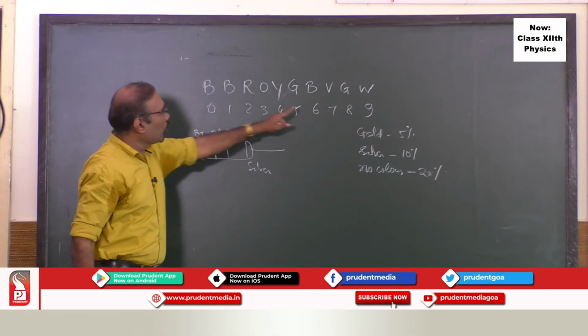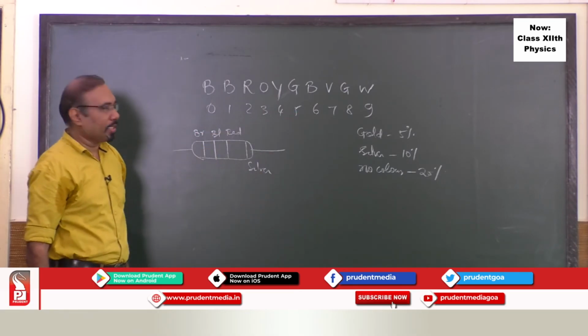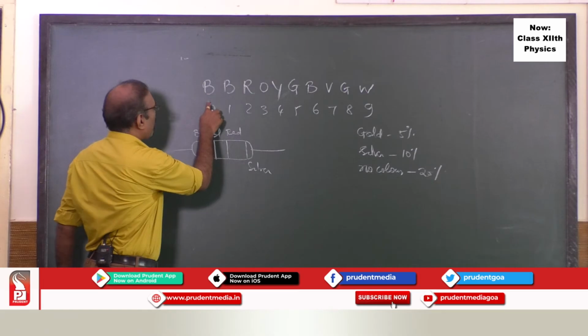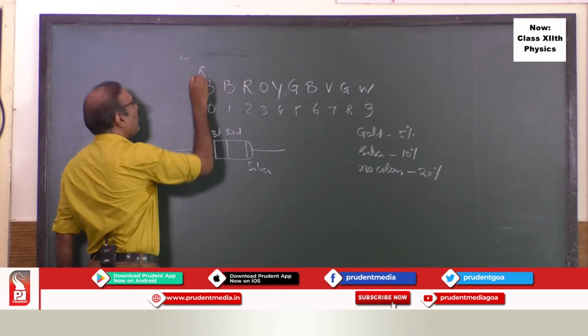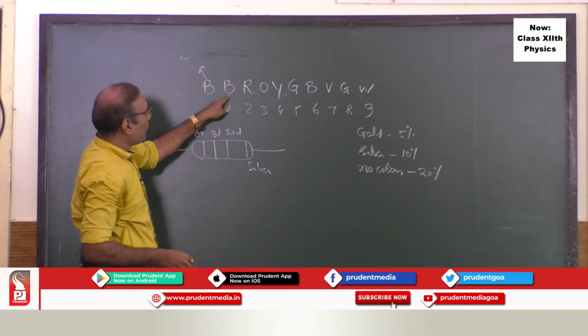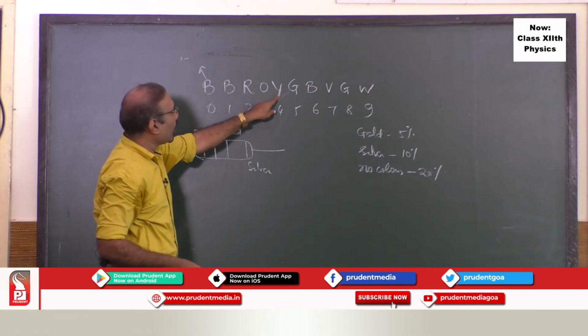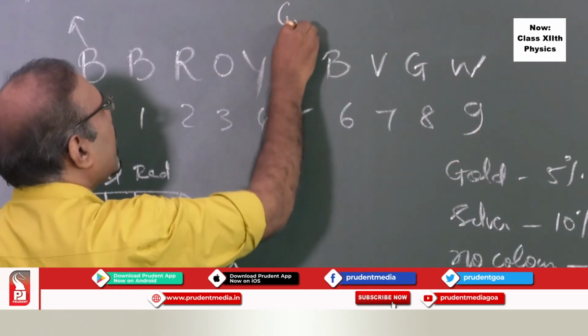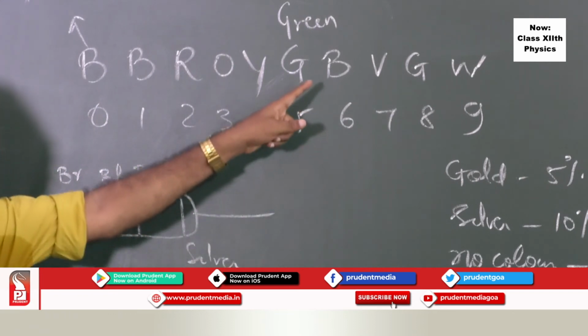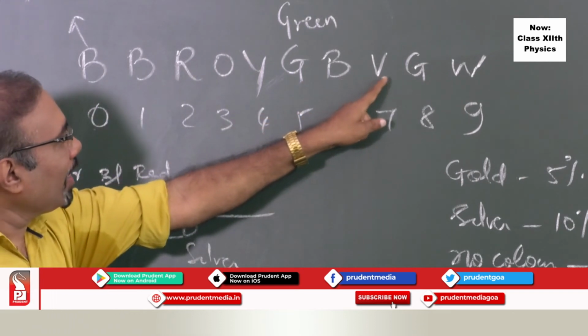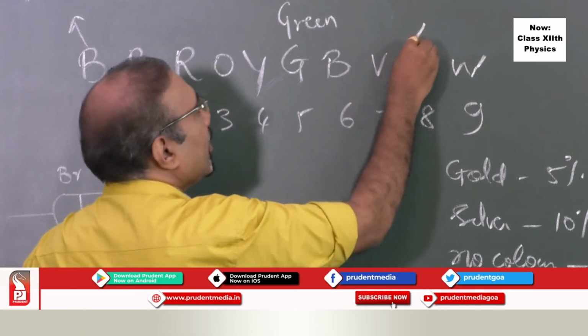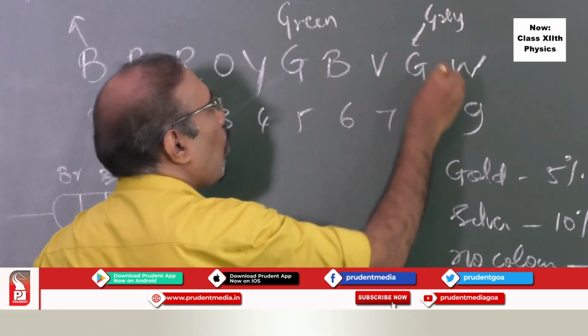This is the color code which you have to learn by heart. B stands for black first, then the second B for brown, red, orange, yellow, G for green, B for blue, V for violet, G for gray, and the last color is white.